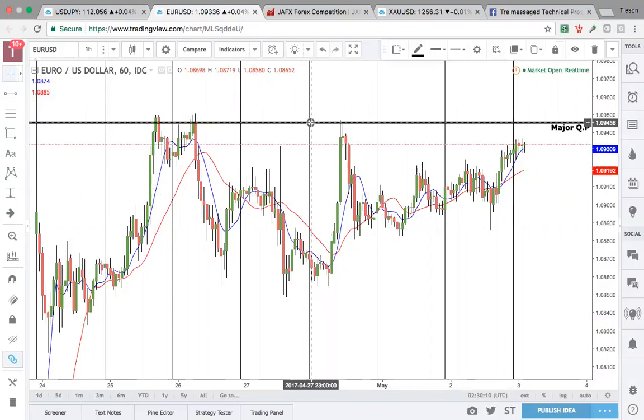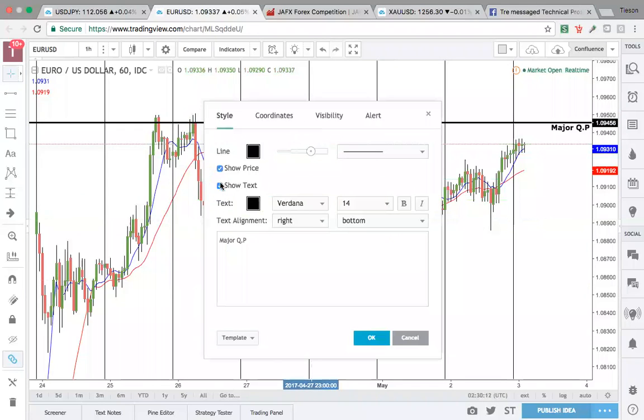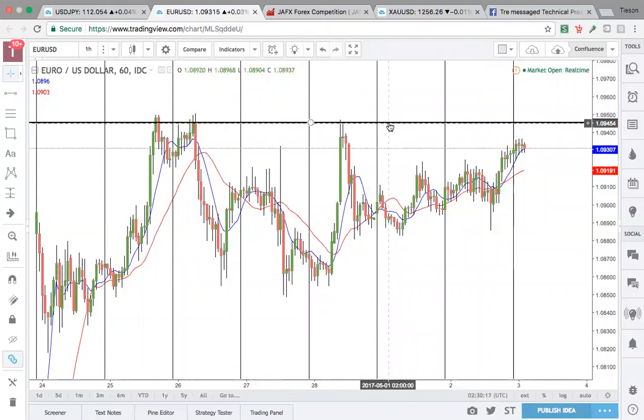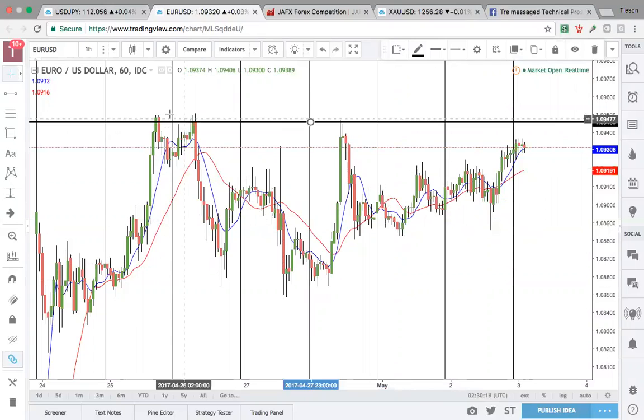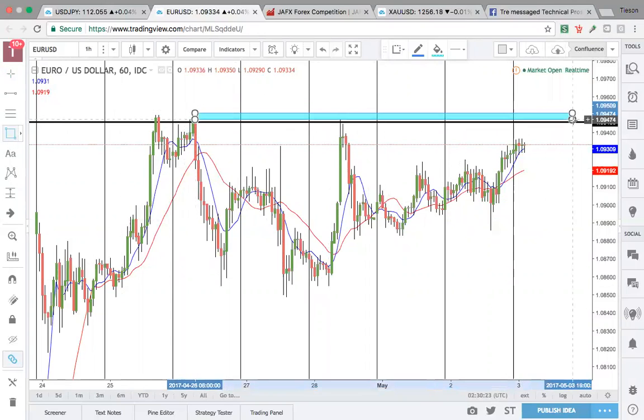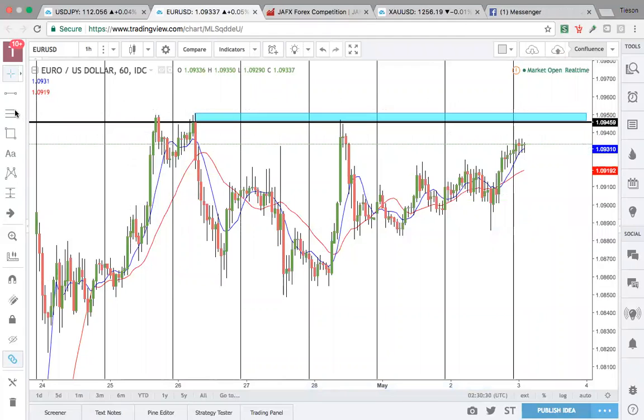So I'm just going to mark off some support and resistance. Ignore that. So this is how I mark up my charts from scratch to how I get my analysis.